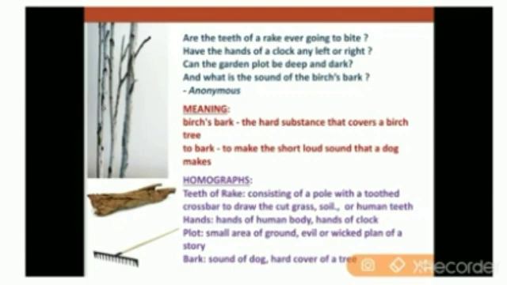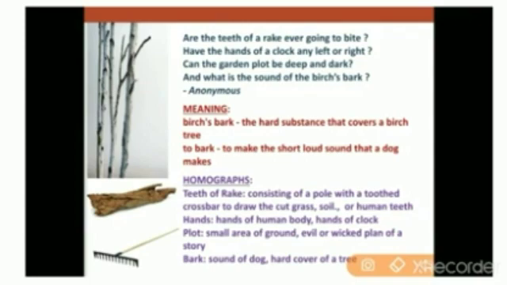And what is the sound of a birch's bark? Now here birch is the name of a tree, and if you look at the word bark, again it conveys two meanings. One is the sound of a dog, and the other is the hard cover of a tree. So the poet has used homographs in these lines also.